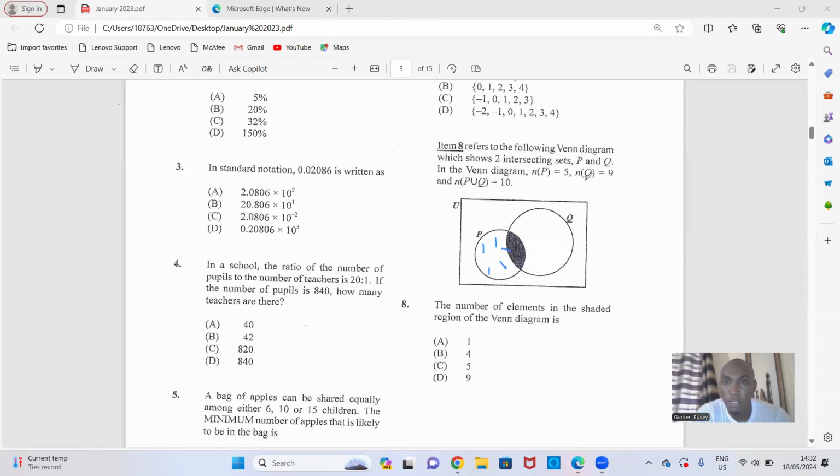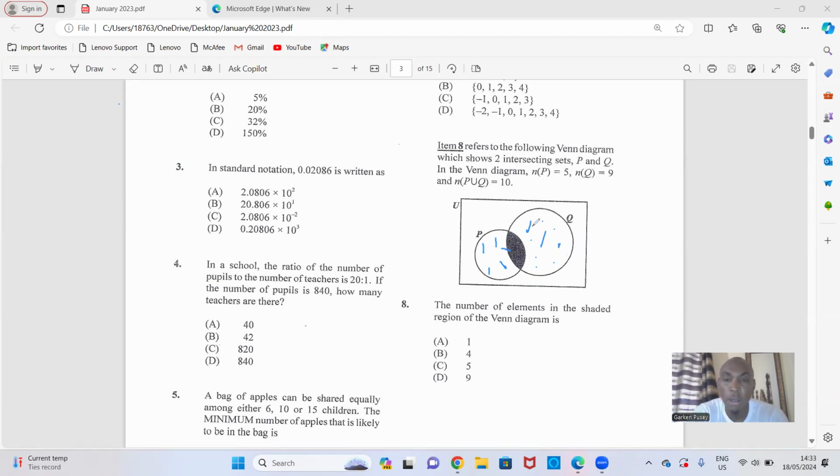And it also says the number of elements in Q is 9. So 1, 2, 3, 4, 5, 6, 7, 8, 9. Now, what I'm doing right here is not 100% correct because some of this 9 will actually be right here in the intersection. But it says the number of elements in P union Q, and union means the elements that are in P and Q together.